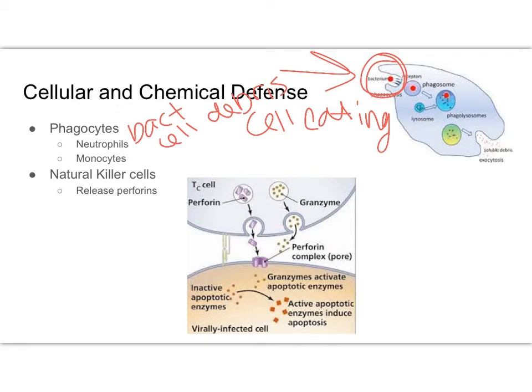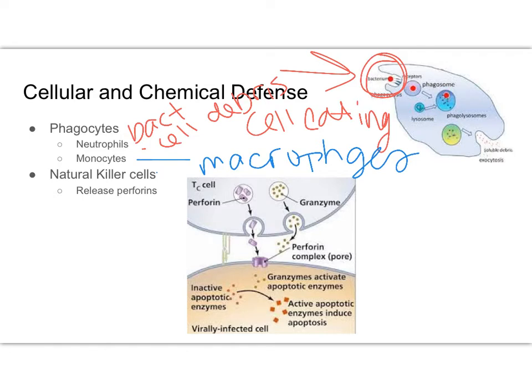And then we also have monocytes. Monocytes are cells that will develop into macrophages. And macrophages are large phagocytes. When we talk about specific immunity, macrophages will help kind of trigger that specific immunity and get that going.